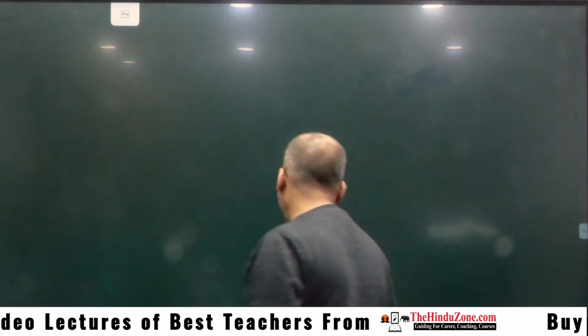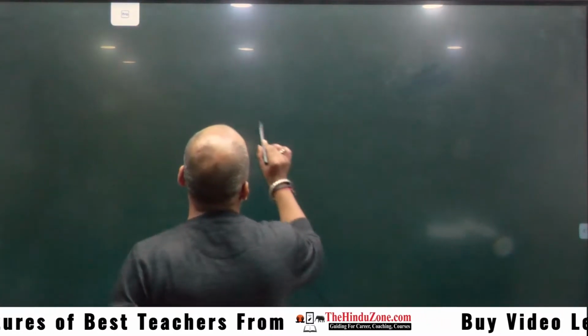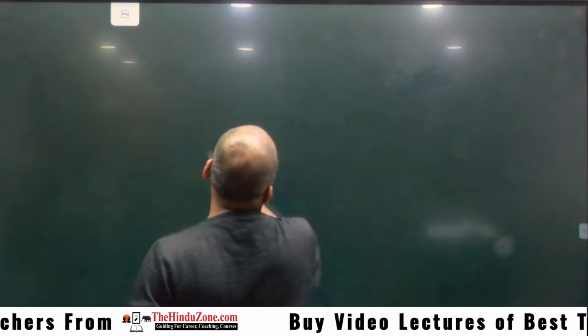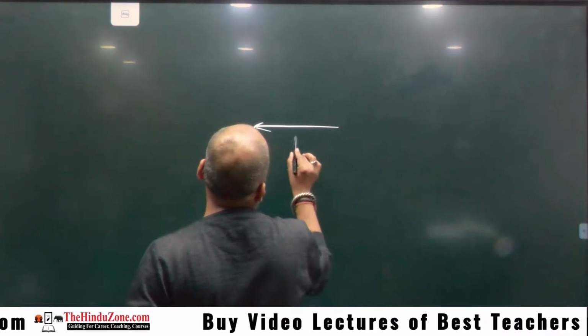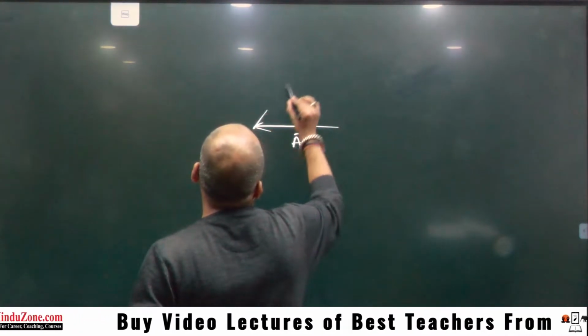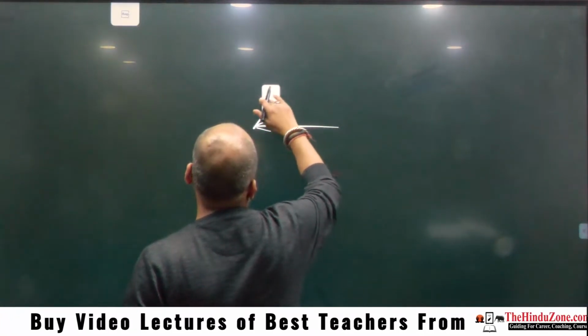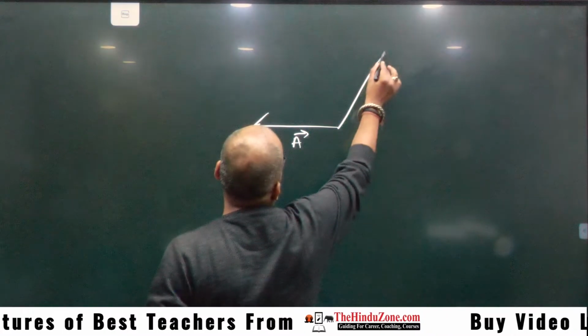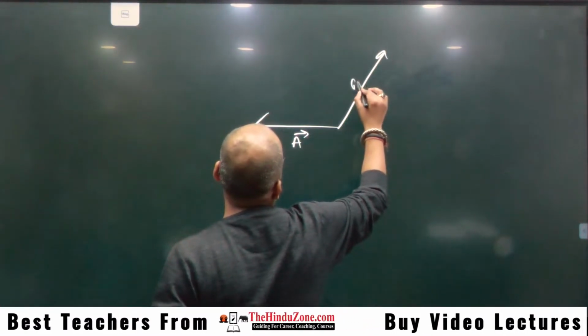Okay, now coming back to the figure. So this was your vector A and this was your vector B. I have shifted it, transported it to this place.